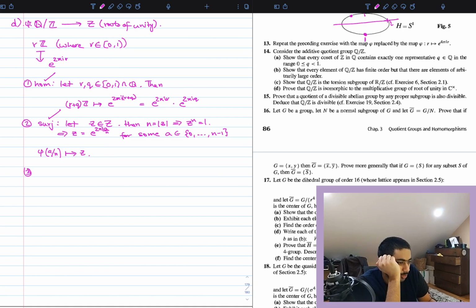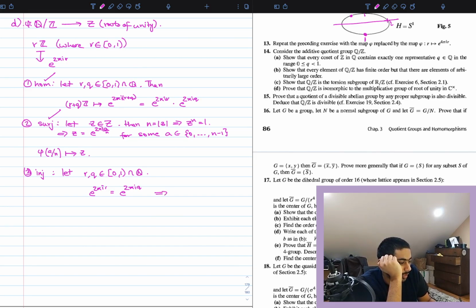Okay, and now we need to show injectivity. Let r and q both be in this 0 to 1 range, and let's suppose that e to the 2 pi i r equals e to the 2 pi i q.